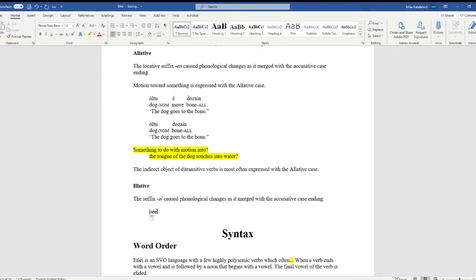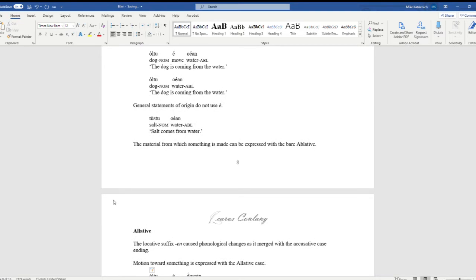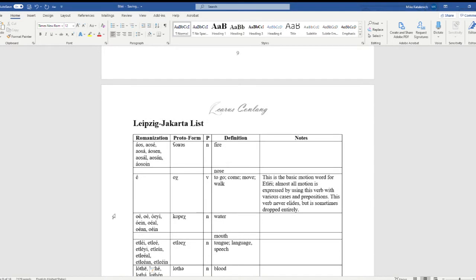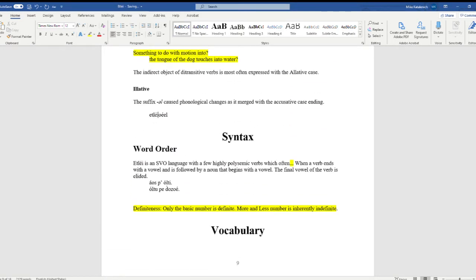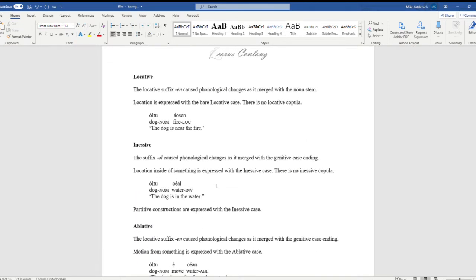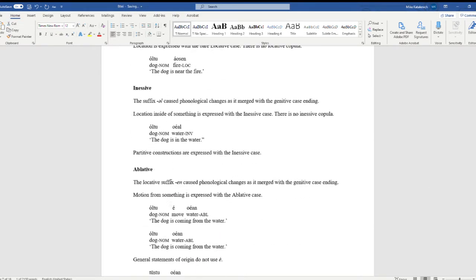let's see, into the water. We should probably do something like the dog's tongue went into the water. Tongue, it's Etlei. And the way we did the genitive, if I remind myself, the genitive precedes the noun and modifies except as a direct object. So, the dog's tongue, it's going to be oltu Etlei.